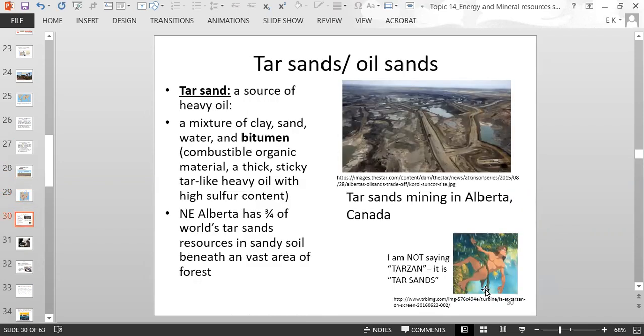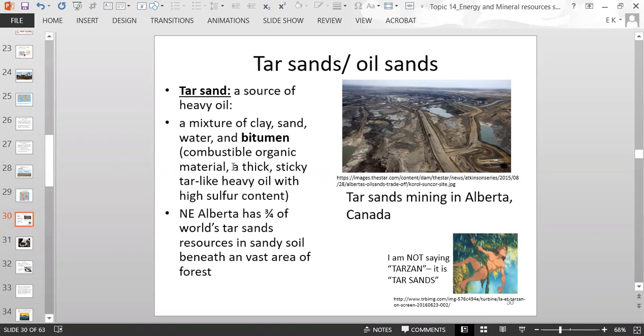So then we have tar sand. By the way, I'm not saying Tarzan, I'm saying tar sands. So tar sand is a source of heavy oil. Heavy oil is a mixture of clay, sand, water, and bitumen, which is a combustible organic material.